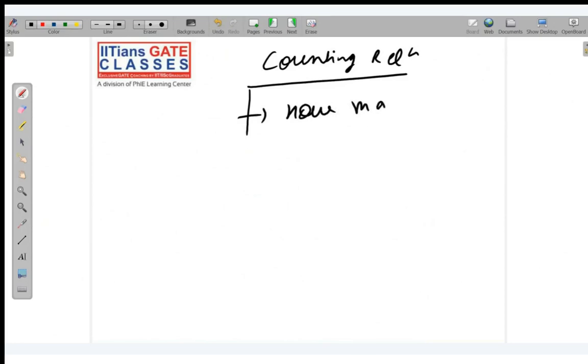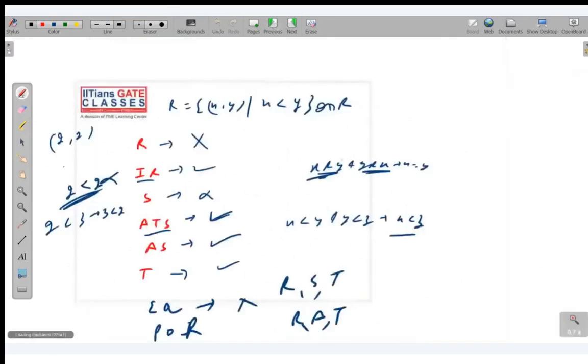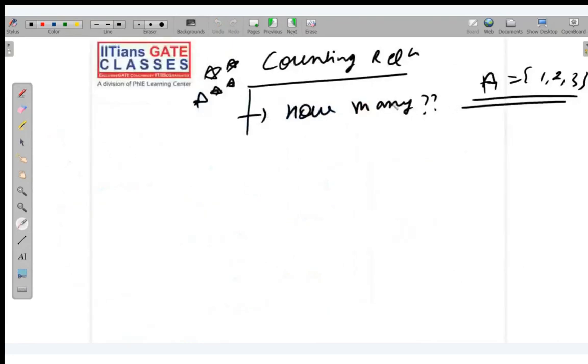For example, they can give you a set A = {1, 2, 3} and ask how many reflexive relations are possible, how many irreflexive relations are possible, and so on. Many times such questions have been asked. So counting relations is much more important than finding the type of a relation, because that is a bit easy task. This will be quite difficult, but no need to worry, we will make it very simple.